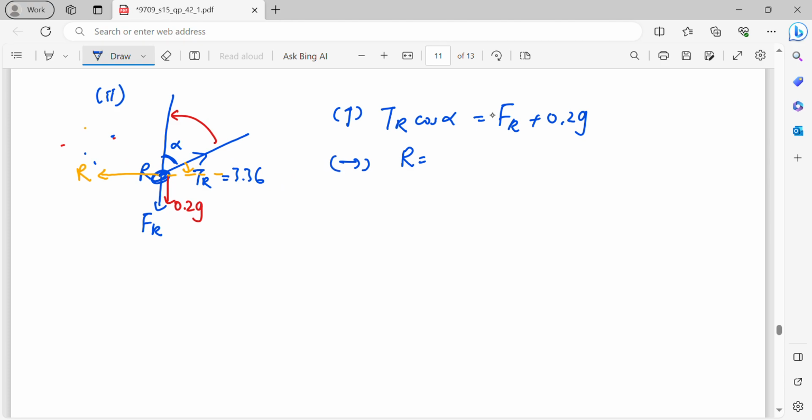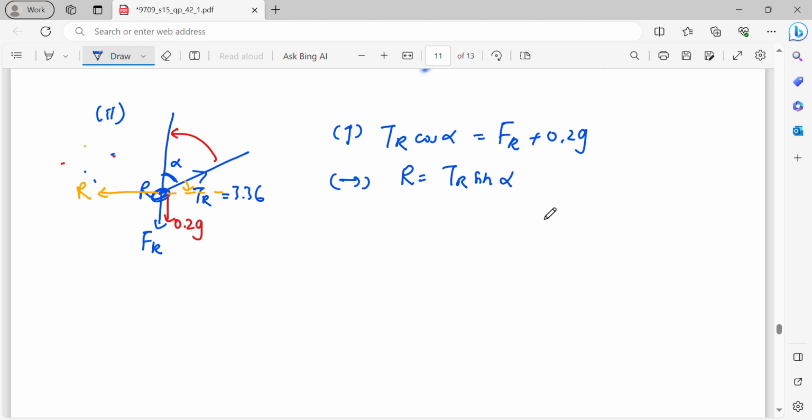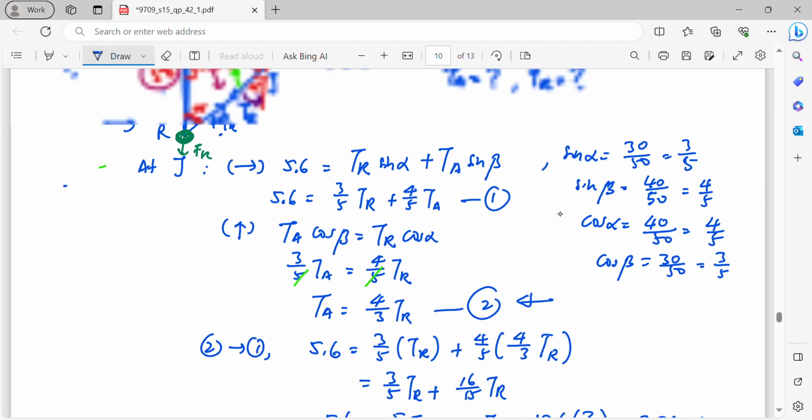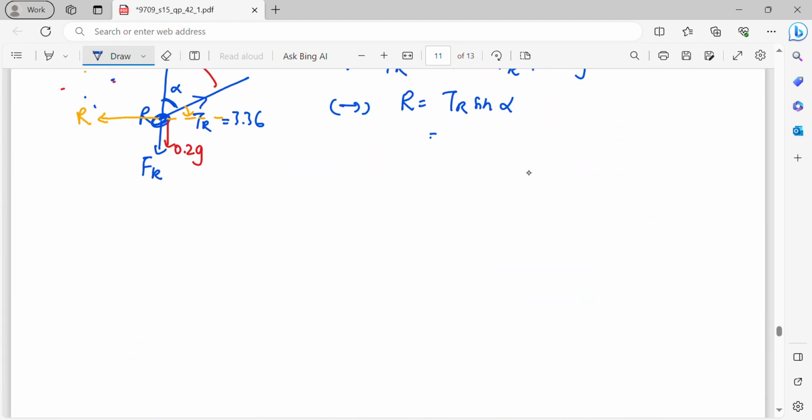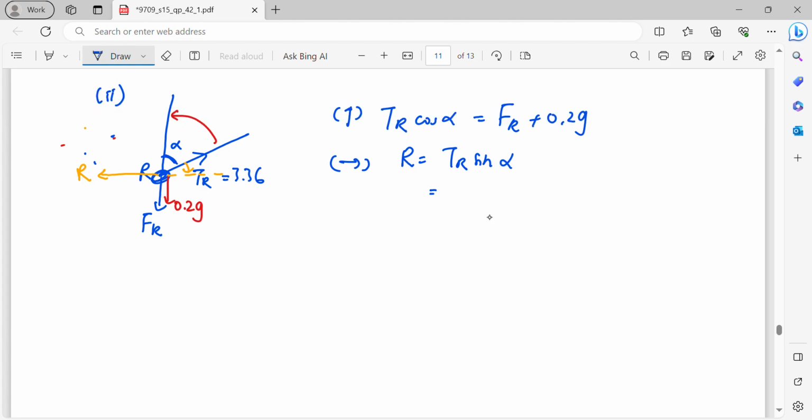That means this is going to be TR. You resolve the TR horizontally, but not using its own angle. I'm using the alpha, therefore it's sine alpha. Referring back to just now, sine alpha is 3/5. So here I will get TR is 3.36, so 3.36 times 3/5. Then you will be getting 2.01.